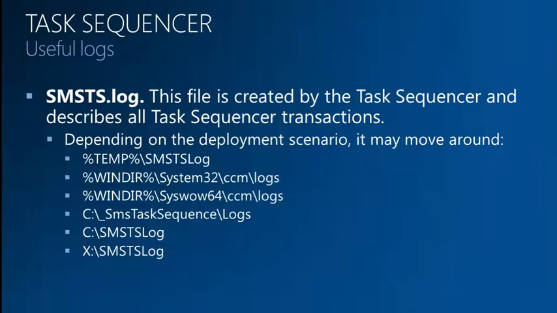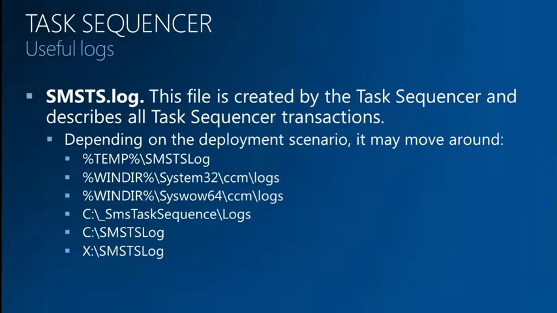Okay, so this is very much a classic case of the log moving around. You can see all the locations I have here. If you're in WinPE, it will move around in there. It could be in the SMS folder. It could be in all sorts of locations. If you are in Windows, it's also in different locations. So at each phase, you've got to know to use the dir /s that I mentioned before. But besides using that, you need to know, is it on C?